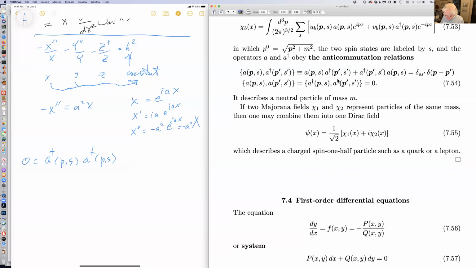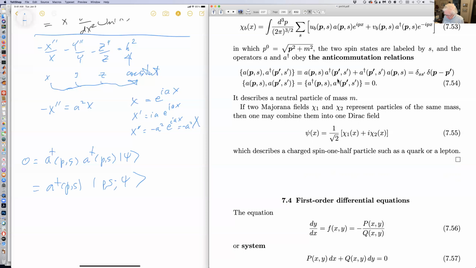And so, for example, if you had a state psi, this would be a dagger of p s on a state that has one Dirac particle or Majorana particle of momentum p and spin s plus whatever else is in the state.